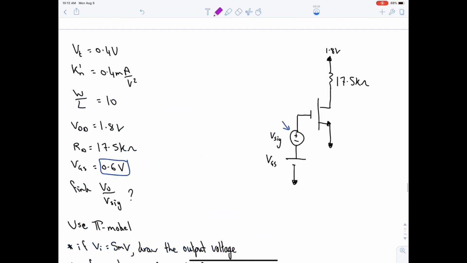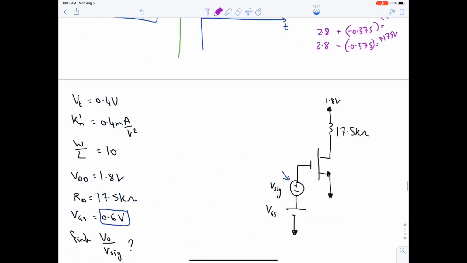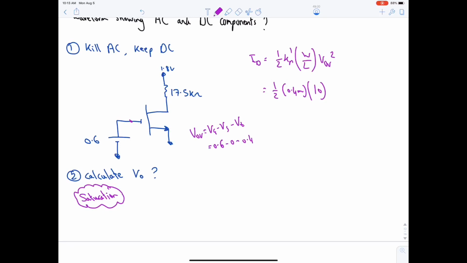W over L is 10, and VOV squared, it's Vg minus Vs minus Vt. Vg is 0.6 minus 0 minus Vt, which is 0.4. Okay, so it's 0.2 volt, which is equal to 80 microampere. This is ID. After finding ID, we need to find Vd through Ohm's law, or V output.